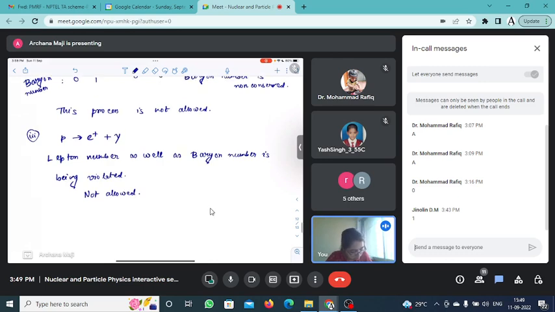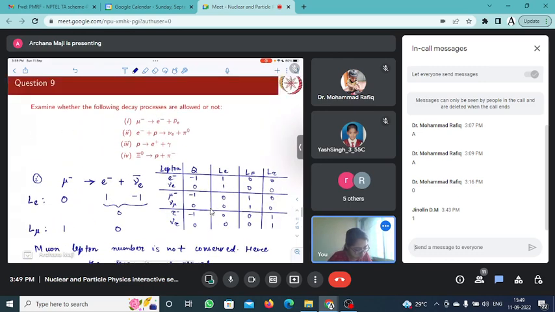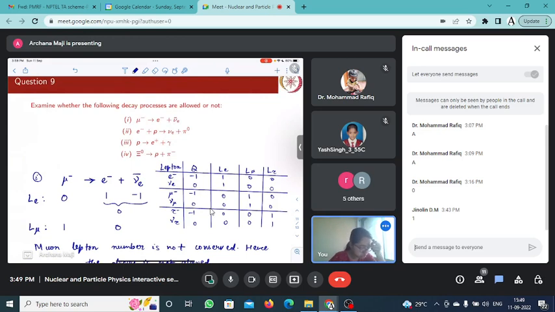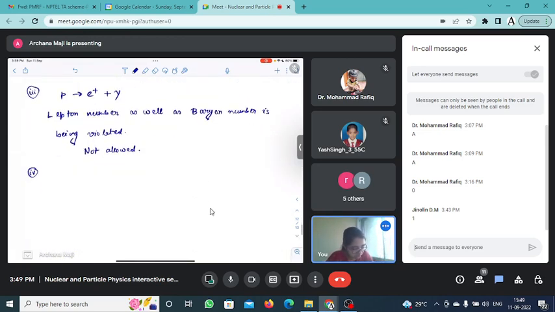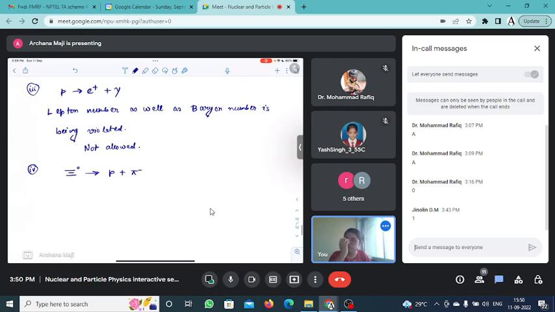What about the last one? Cascade 0 decaying to proton plus pi minus. So you tell me whether it is allowed or not.